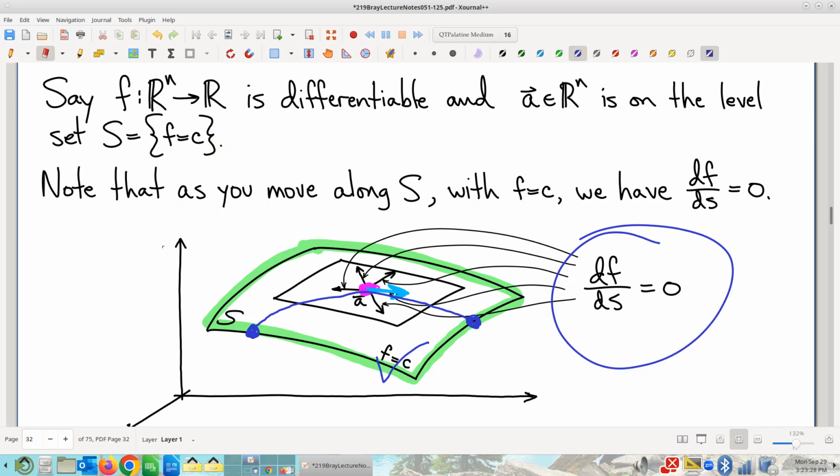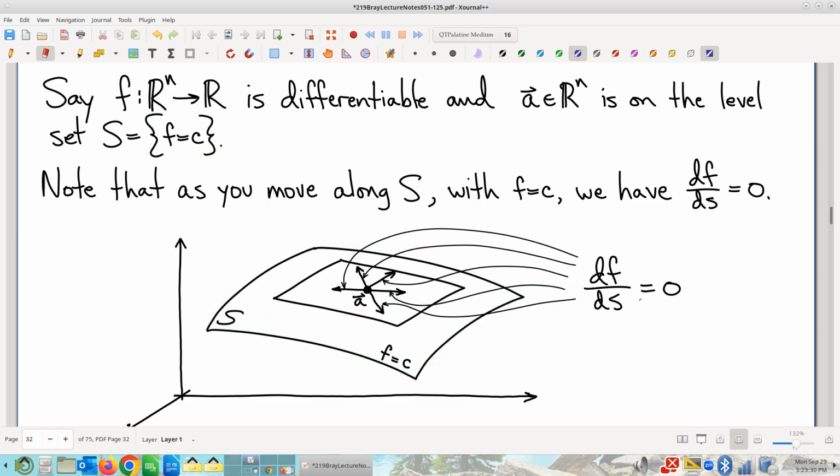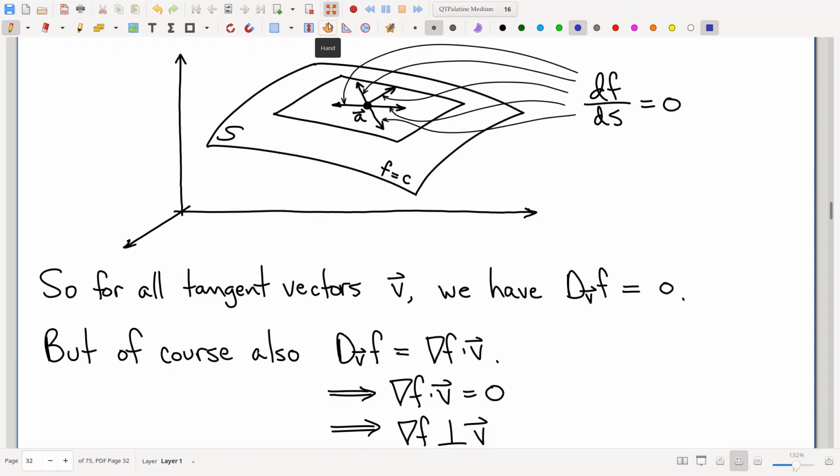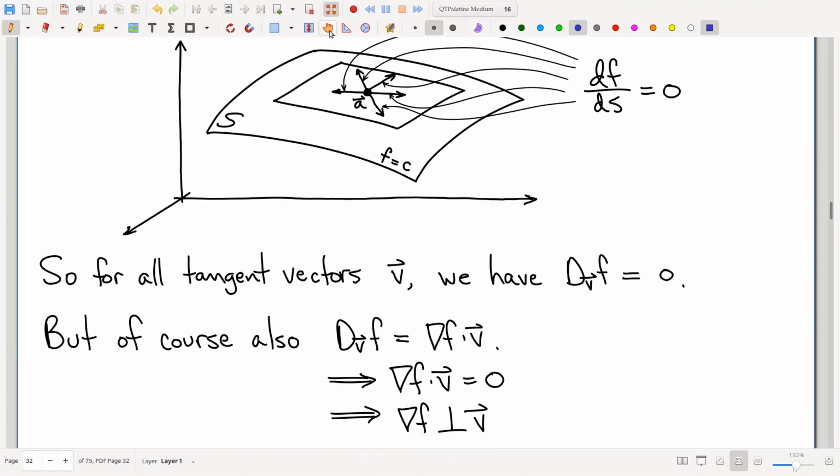Okay, now that noted, let's come down here, and I suppose I can go full screen, why not? Let's remind ourselves that df/ds is a directional derivative.